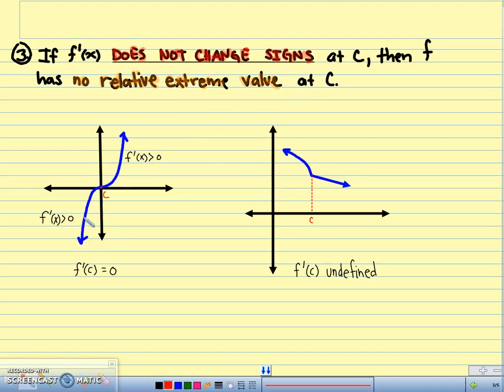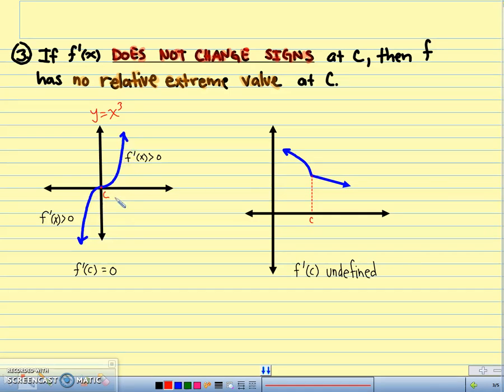A good example is the function y equals x cubed, which I have here. So if this is the function y equals x cubed, you've got that S or snake looking type of function, and you're increasing. Then at the origin, you hit a slope of 0, but then you keep on increasing, so it stayed positive.